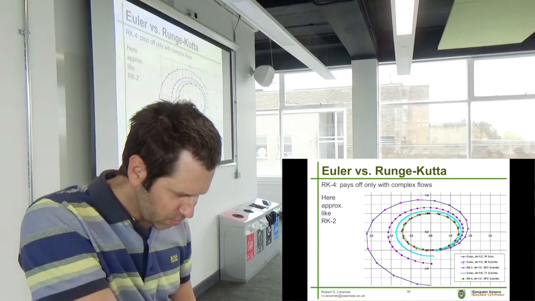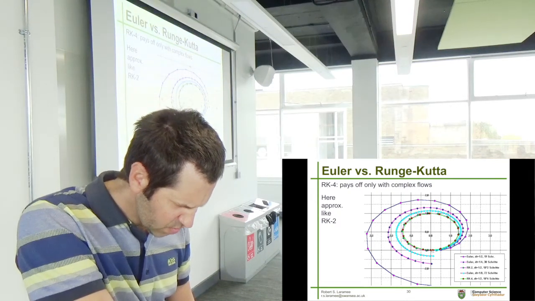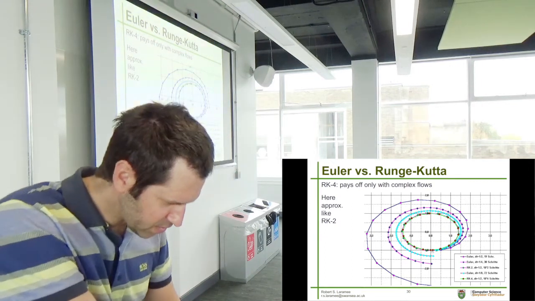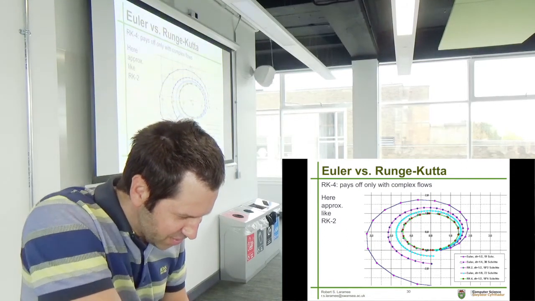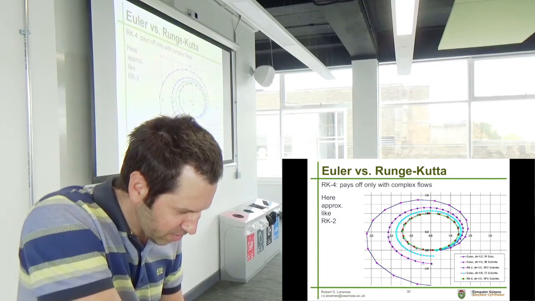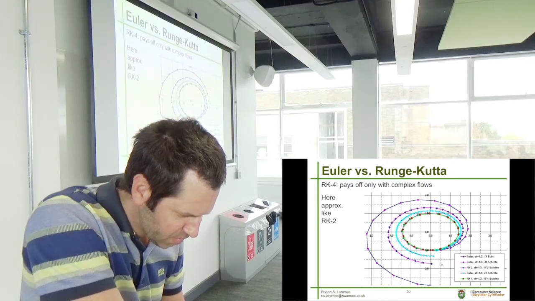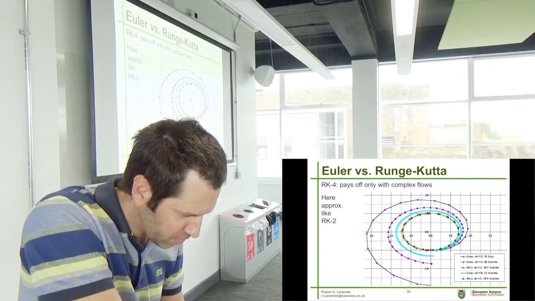This Euler, okay, I guess this Euler is hiding. Am I blind here? I think I'm blind. This is the Euler integrator here. That one and this one. And this one is the green dots along the middle.